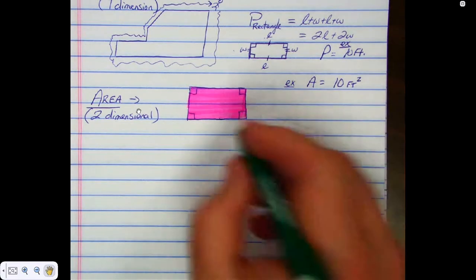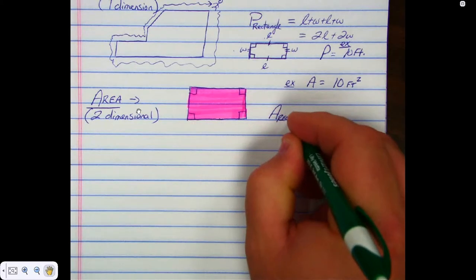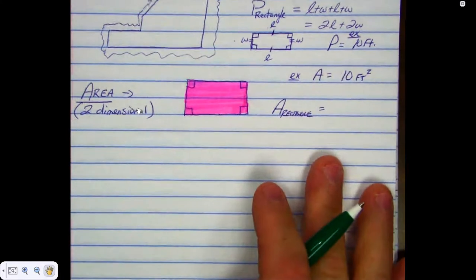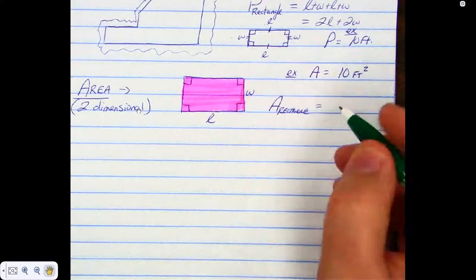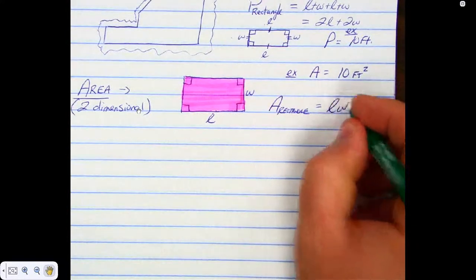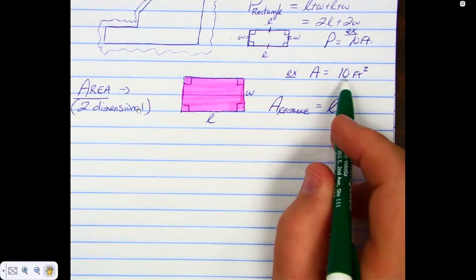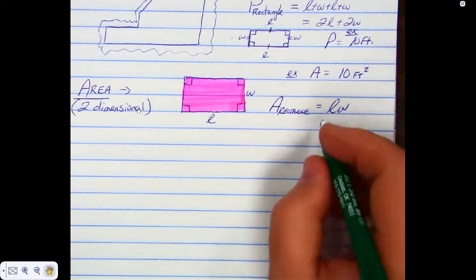The reason for that is our formula for finding the area of a rectangle is length times width, LW. So the reason you have square units is because the length is measured in feet or something, correct?